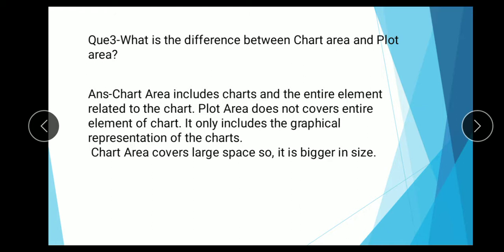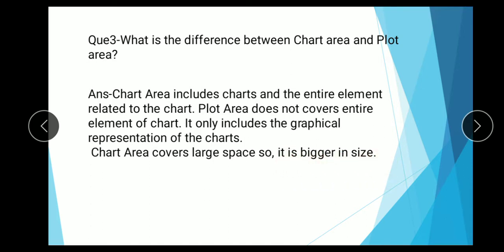But the plot area does not cover every element of the chart; it only includes the graphical representation of the chart. It means where you show your graphic through the chart, this area is called the plot area. The chart area is where all elements of the chart are displayed. The chart area covers a large space, so it is bigger in size.